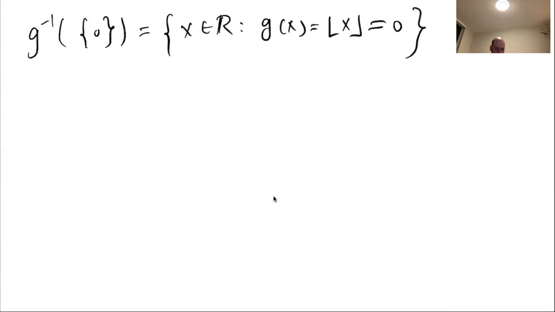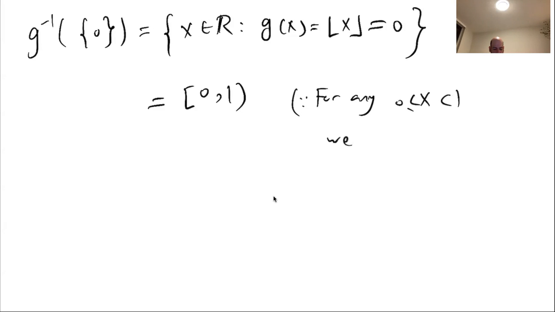So this is simply the elements between 0 and 1, because for any x between 0 and 1, we have floor of x equals 0.